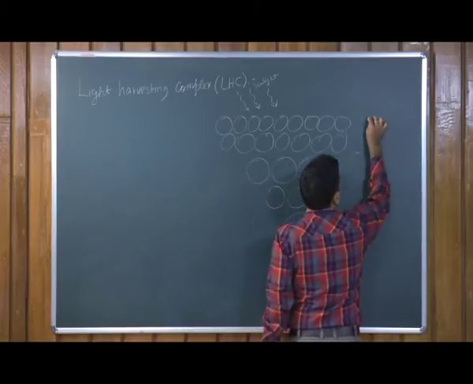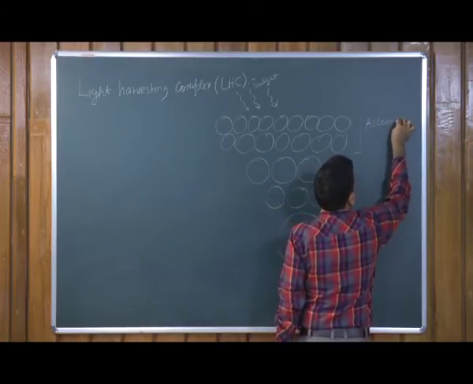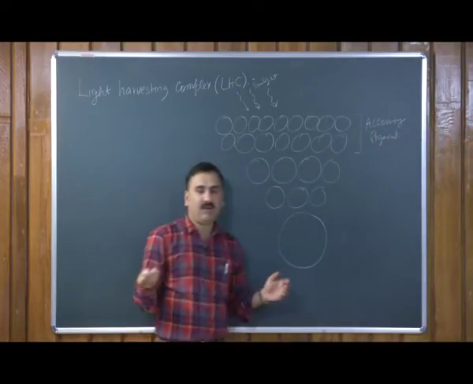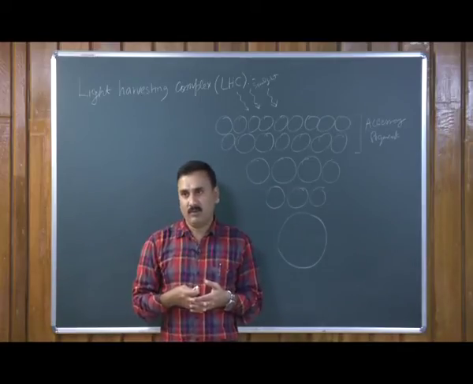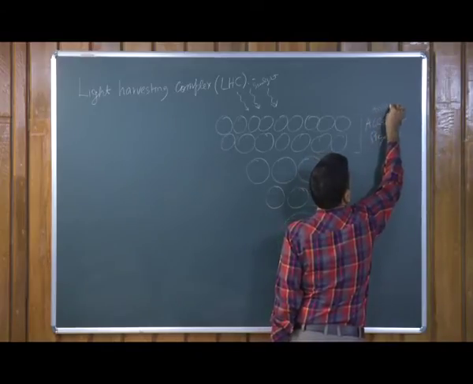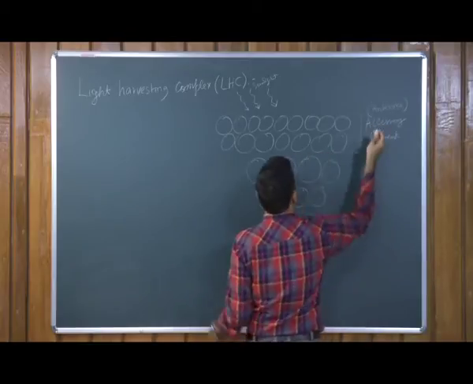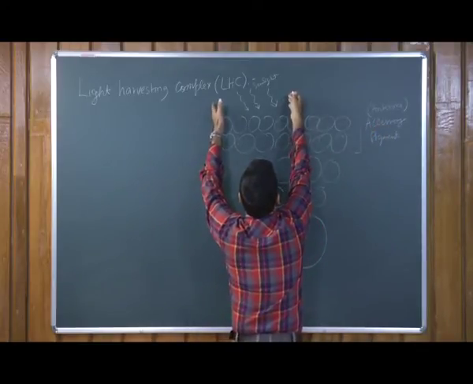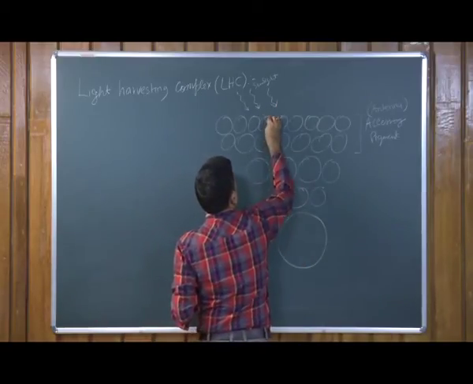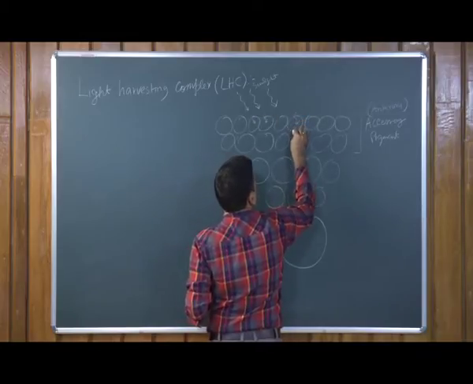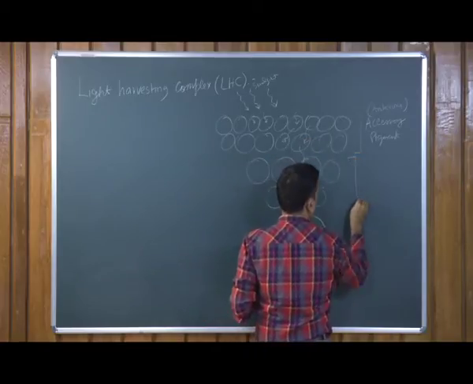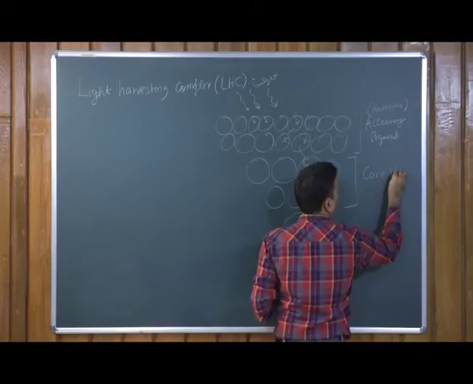So, you need a layer of accessory pigment, which means pigments belonging to the carotenoids or the phycobilins, and these constitute the antenna. The antenna's job is to receive the primary light from the sun, take up this energy, and then transfer it to the core molecules. These are the core pigments.